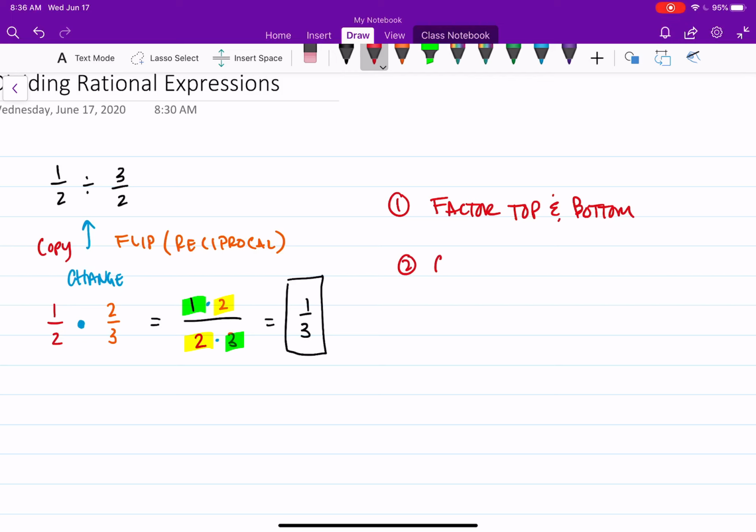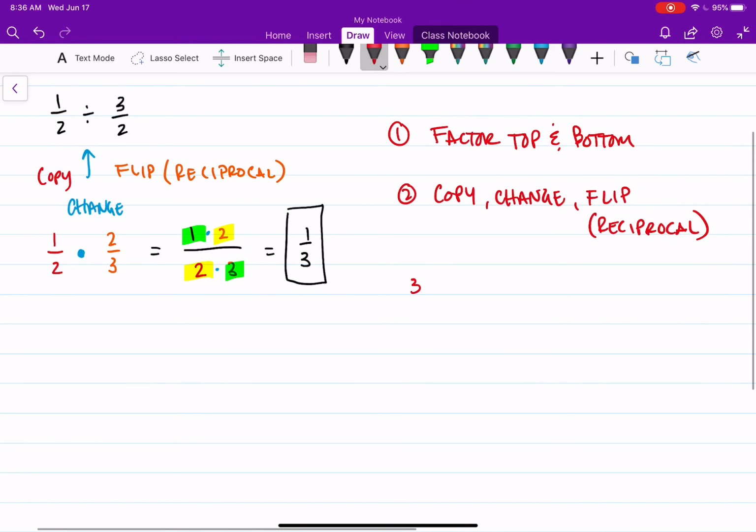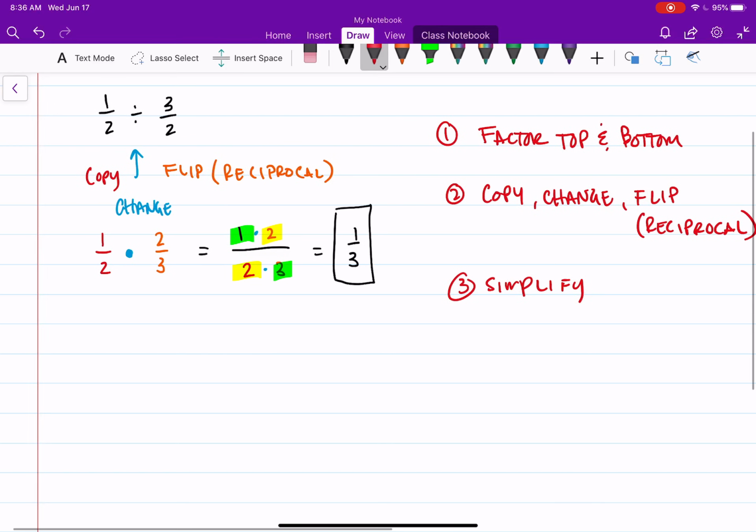Step 2, copy, change, flip, which we also know as reciprocal, right? And then step 3, simplify. Okay? So not a huge difference from simplifying rational expressions, and not much different than multiplying rational expressions. The only difference is that we have that second step in there of the copy, change, flip so that we can make it a multiplication problem, and that's it.